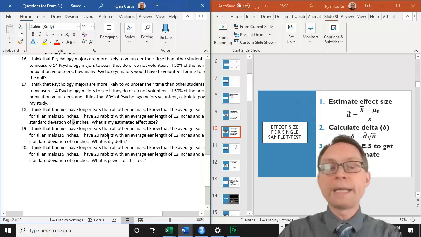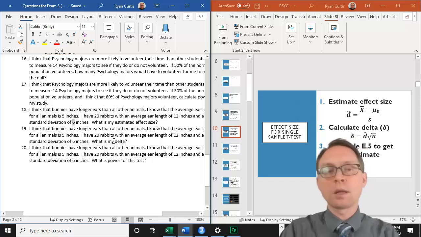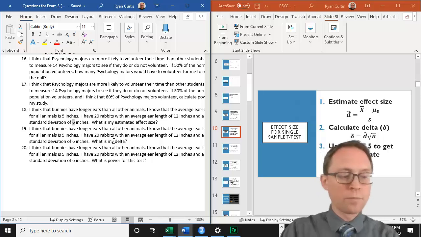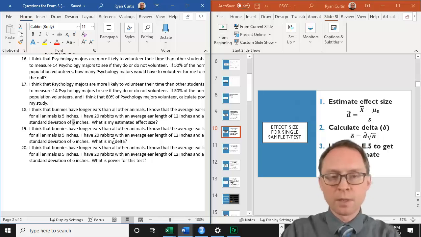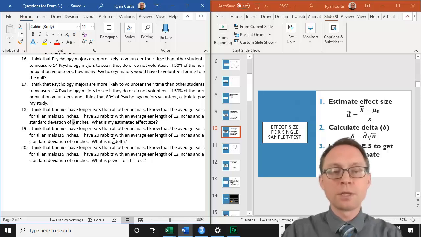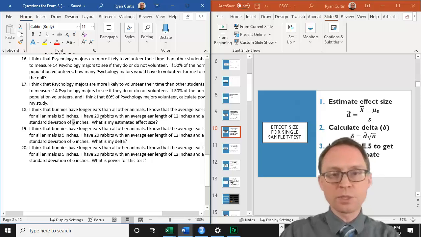Question number 19. I think the bunnies have longer ears than all other animals. This is the same as the last one. What is my delta? Well, we calculated our estimated effect size to be 1.17. Delta is the effect size times the square root of n. N, in this particular case, is 20 rabbits.